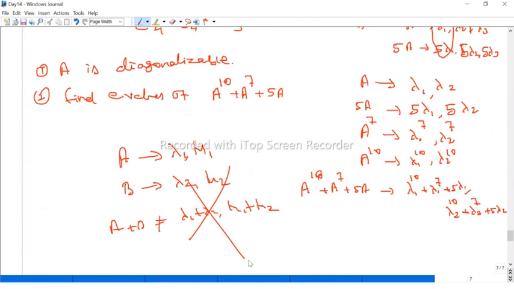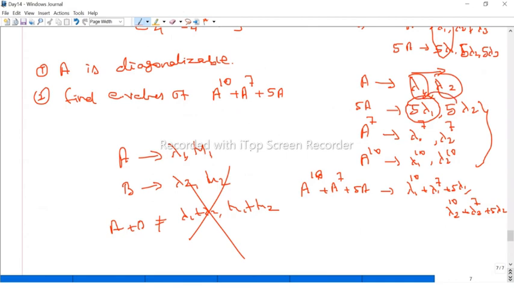If both matrices are the same matrix, then we can add correspondingly. You cannot change the order. Once you fix lambda 1 as the first eigenvalue and lambda 2 as the second eigenvalue for A, for powers and multiples you cannot change the order. For 5 times A, 5 lambda 1 is first, 5 lambda 2 is second.